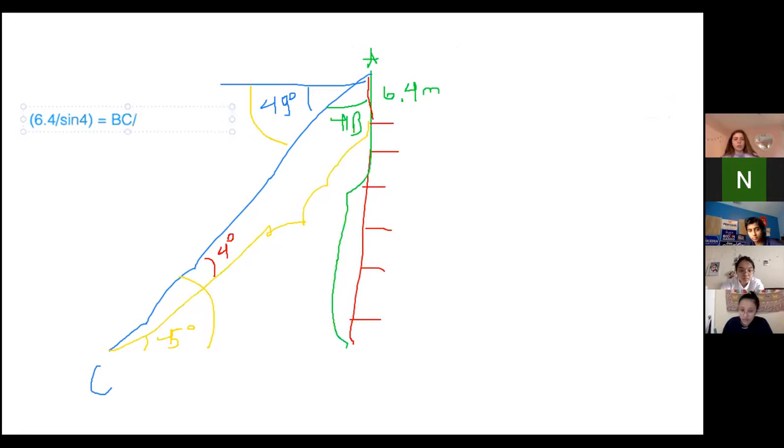Oh, you just did sine rule? But once you find BC, that's not the last step. Then you use BC to find the height of the building.